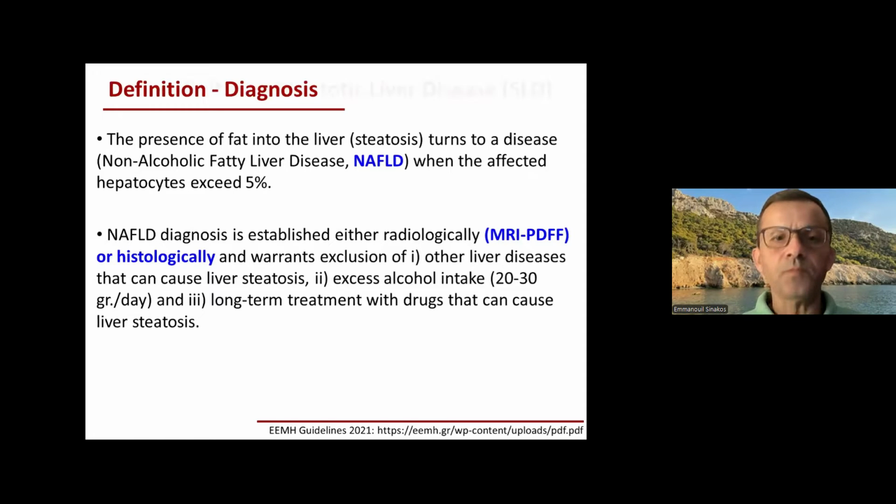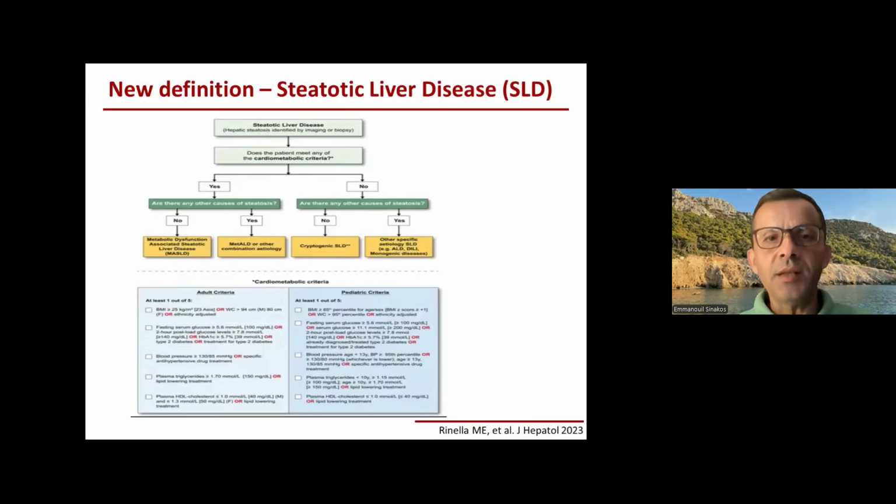And of course, you have to exclude long-term treatment with drugs that can cause liver steatosis. As Mrs. Theocharidou has already shown you, and as is already known, we have for the second year now a new terminology under the umbrella term steatotic liver disease. That means from the beginning that you have to exclude things: alcohol intake, drugs, and other diseases.